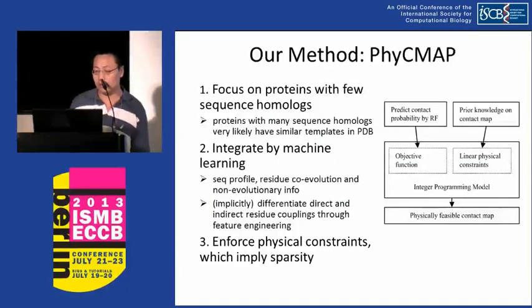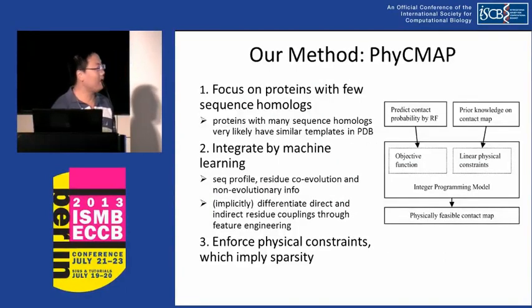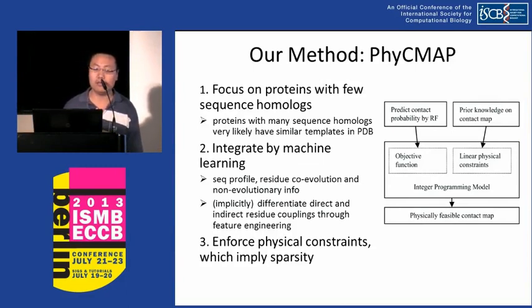In our work, I'm going to focus on proteins with few sequence homologs, since for proteins with a large number of homologs, we can usually find very good templates in the PDB. That means we usually don't need contact prediction when a protein has a large number of sequence homologs.